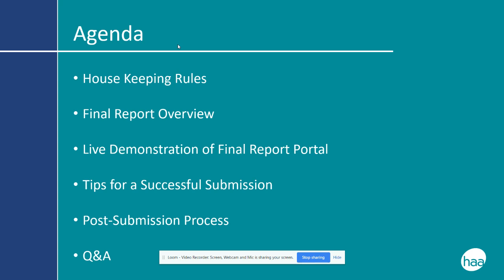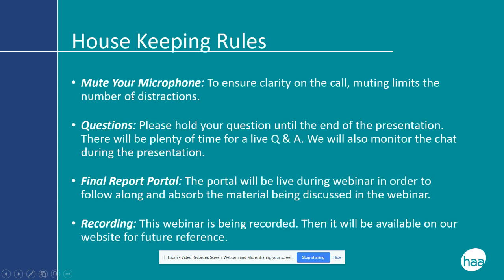And then a live demonstration of the final report process in our final report portal, which is going to be a majority of this webinar, tips for a successful submission, and then we're going to end with the post-submission process. So what happens after you hit that submit button, and then your final report is then sent to the grants team.